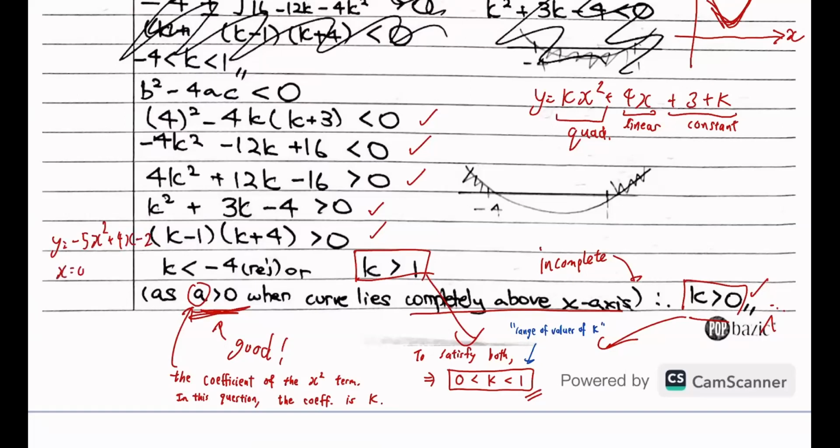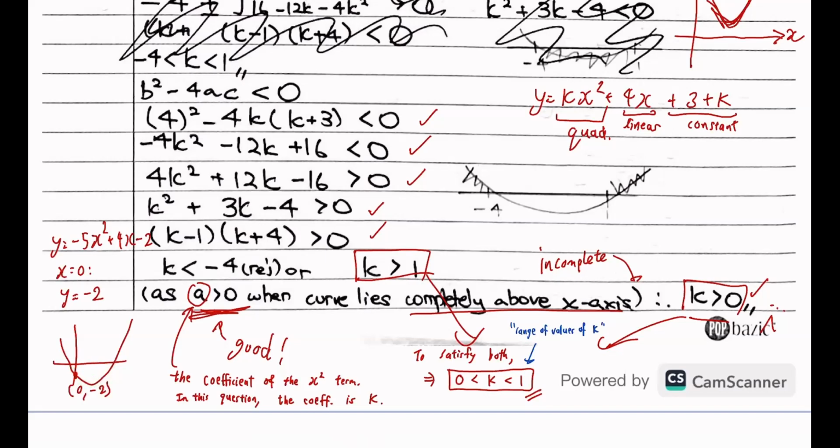If x is equal to 0, y will be equal to 0 plus 0 minus 2, which is -2. Then that means you have a graph that cuts through 0, -2. Sorry, somewhere more like here. It doesn't have to be the turning point. It could be something like this. Which means there will be a part of the graph that's not entirely above, so you have to reject.